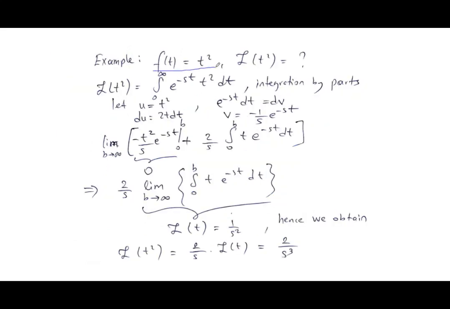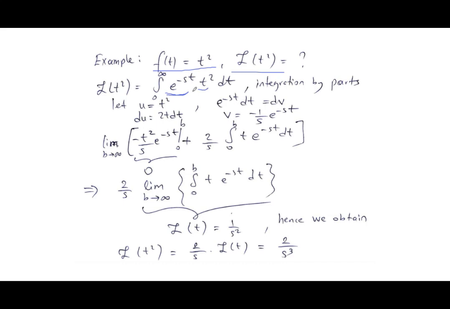We are given f of t equals t squared, and we want to calculate what is the Laplace transform of t squared. Well, apply the definition of the Laplace transform, which is an integration. We multiply with e to the power minus st times our f.